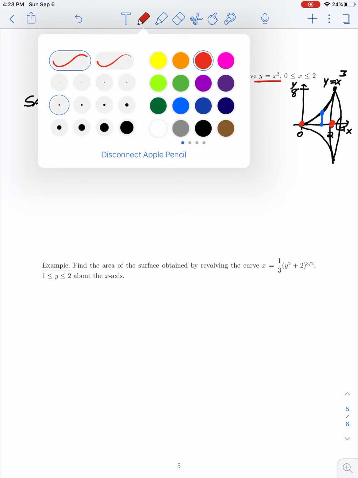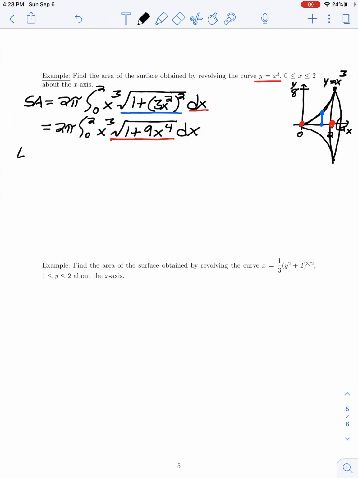So the substitution that I'm going to use is to let u equal the inner function in my composition, 1 plus 9x to the 4th, in which case du would be 36x cubed dx, and so dx is equal to du over 36x cubed.